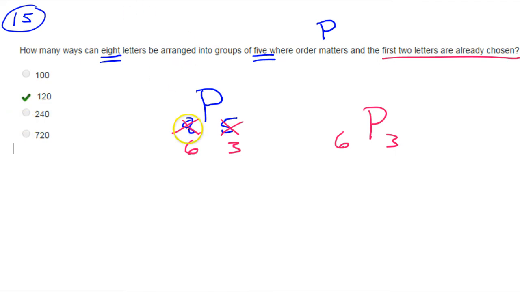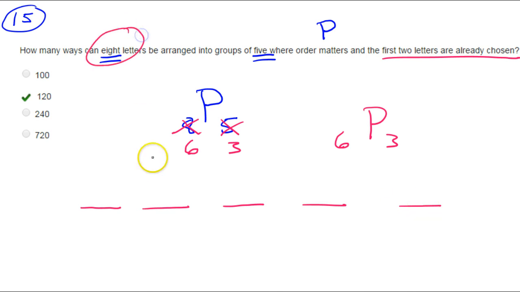Also, we could have done the fundamental counting principle, still being careful to read the whole sentence. If we're making groups of 5, keeping in mind that we started off with 8 letters, we had 8 letters to choose from for the first one, then 7 for the second one, then 6 for the third one, then 5 for the fourth one, and then 4 for the fifth one.